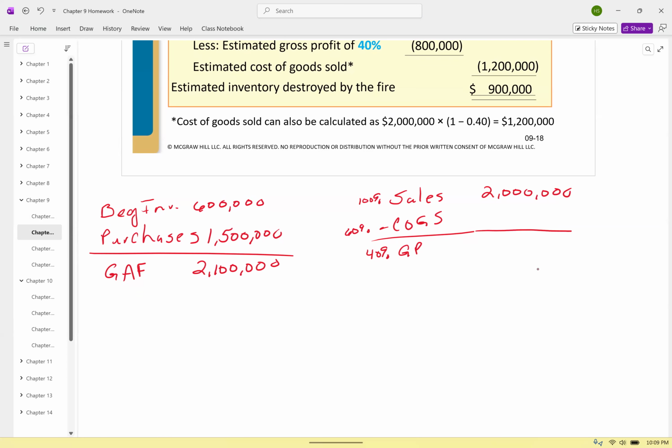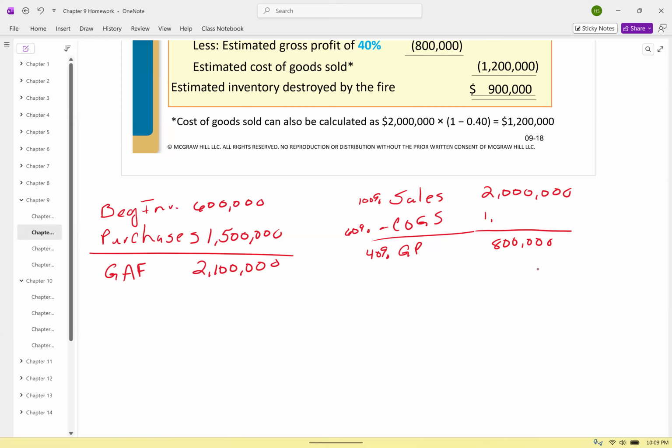And if we took the 2 million and multiplied it times the 40%, which is what they did, the gross profit would be 800,000. We can back into that. And now my cost of goods sold is 1.2 million.